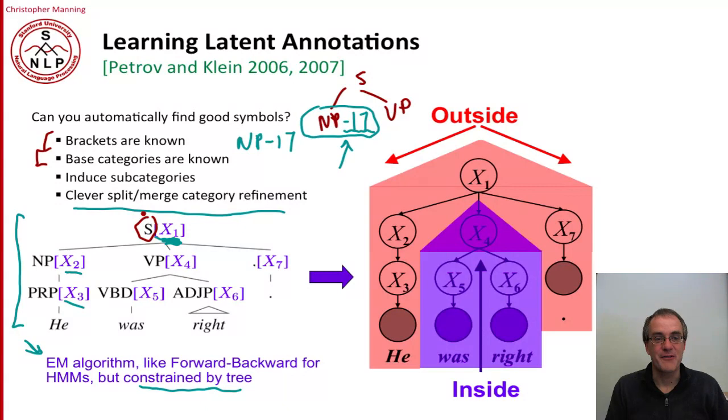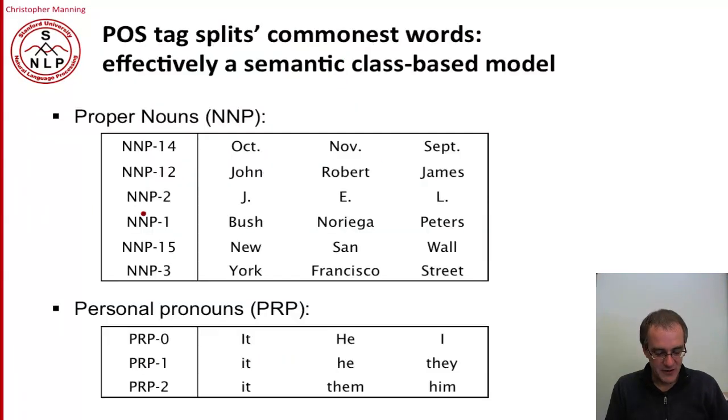Again, I'm not going to go through the algorithm in detail. Let's just look at how it turns out. So this shows some of the subcategories that are learned for part of speech tags, because they're the easiest ones to interpret. So this is for proper nouns. And so what we find is that the proper nouns have been divided into groups. And the way they're divided isn't just purely syntactic, like a feature-based grammar anymore. They're kind of syntactico-semantic class-based models.